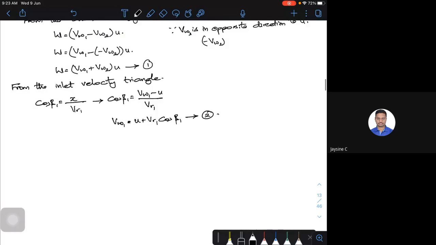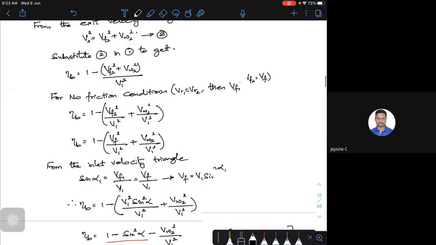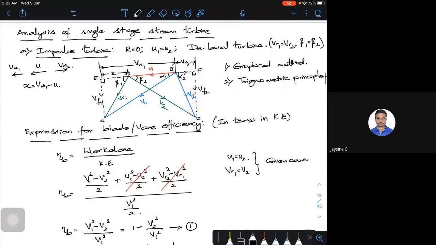Similarly, x I have defined, so I can define this as y. What is y?